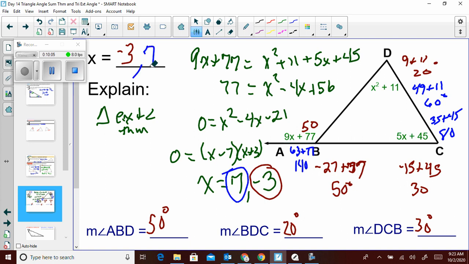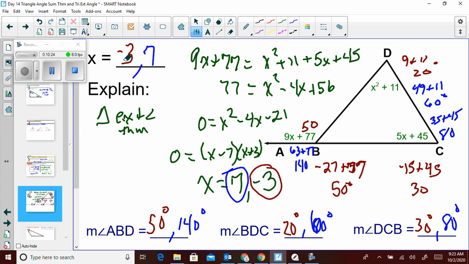So both values of x work, which is more than fine. It is more than fine. When you write your answer, you have to write all possible answers.